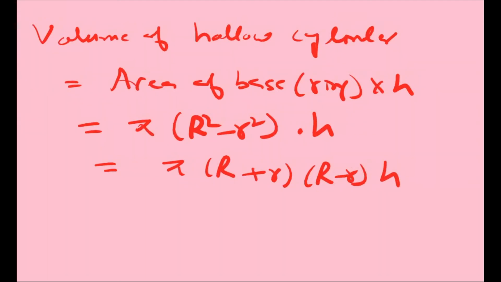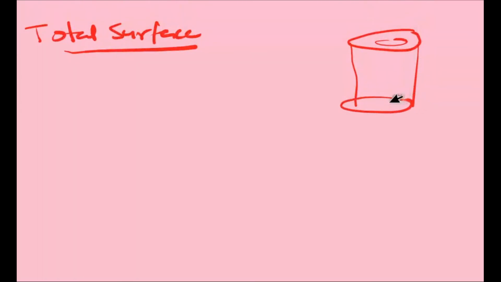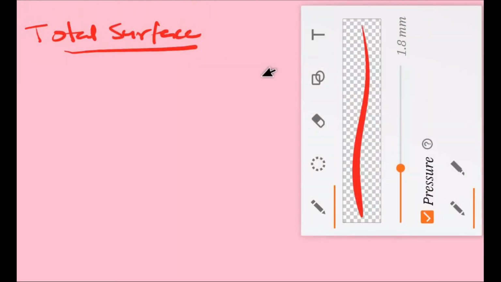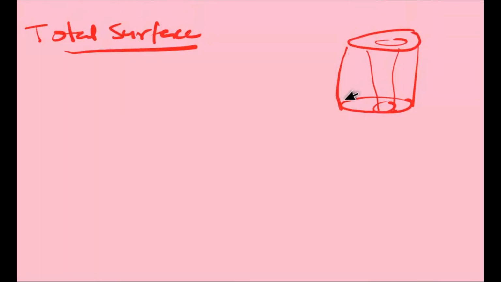Now total surface. If you want to find the total surface, what is the total surface? The total surface will be this area plus this area plus this ring plus this ring.